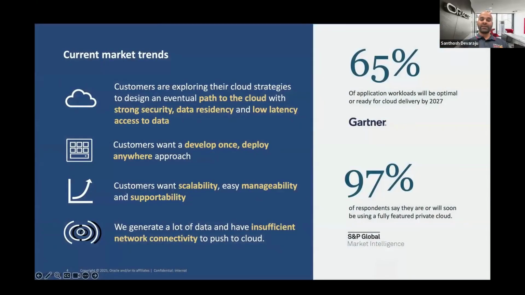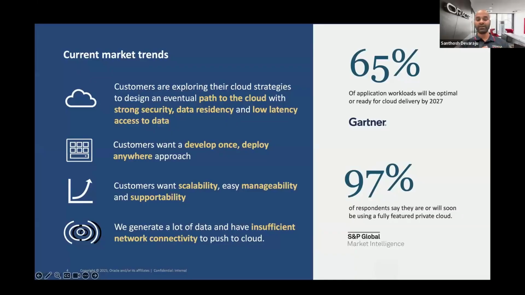Enterprise customers are making cloud decisions around security, control, and performance, not just cost. They need a low-risk path that meets data residency and low latency needs, which can help develop once, deploy anywhere across public cloud, on-premises, and the edge without any rewrites. They also expect elastic scale with simple, consistent management as data growth outpaces the networks.